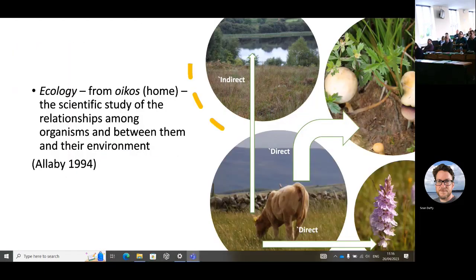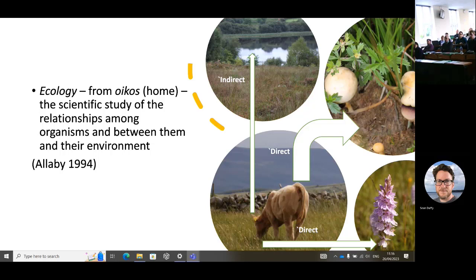So ecology, just a quick reminder. There's a cow in the field, and it's part of biodiversity as well. And the cow is indirectly having an impact on the environment around it. Directly, they are changing the structure of that grassland, what plants grow there, what plants don't want to grow there. Their nutrient inputs are forming a new type of ecosystem.